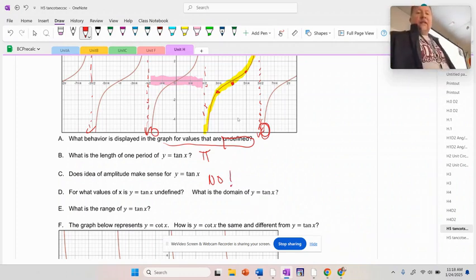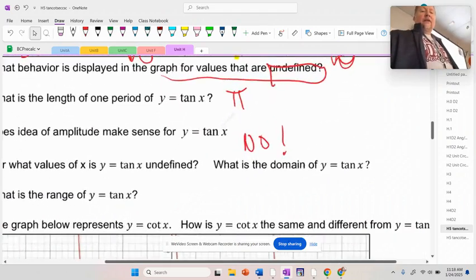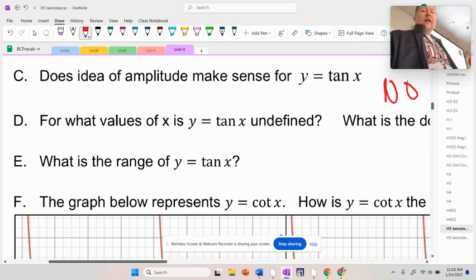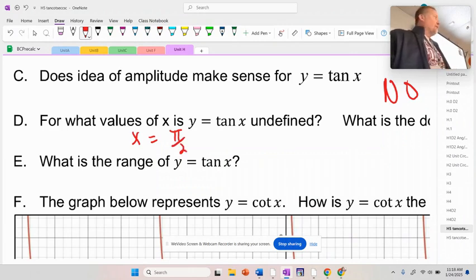For what values of x is tan of x undefined? Now we're going to do this. You ready? It's for every odd multiple of pi over 2, right? So let's name one of them. The first one that's positive, right? How far away is each asymptote, which is equal to the period? 3, 2, 1, go.